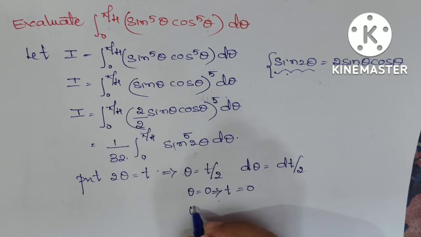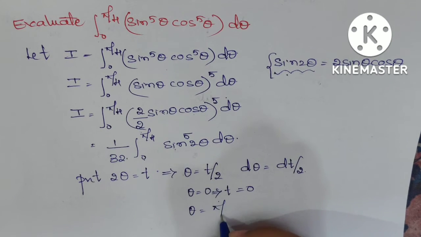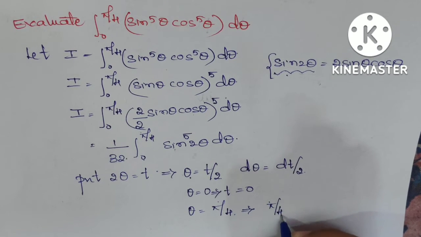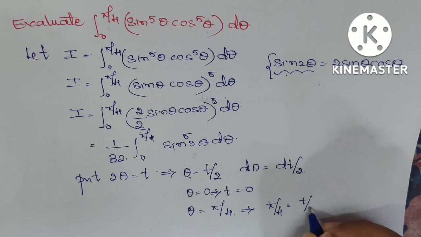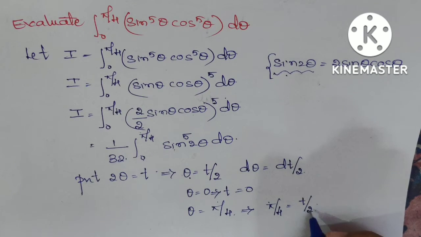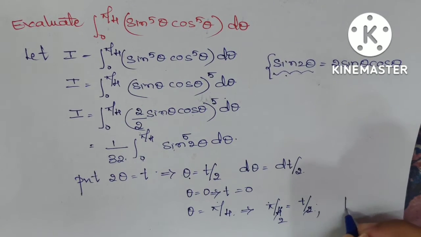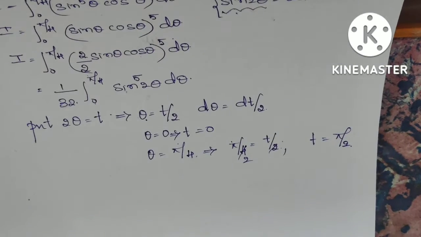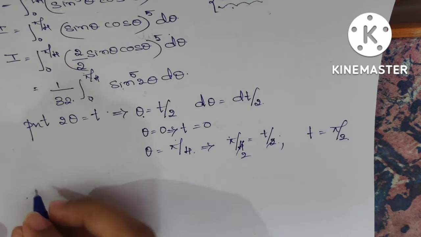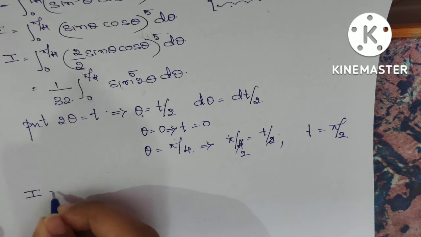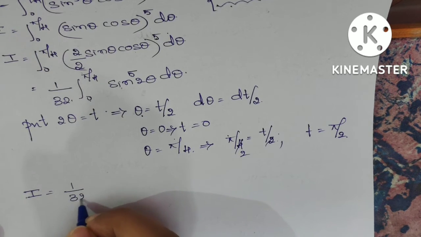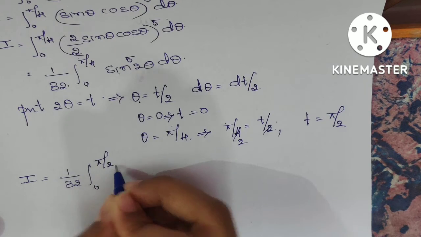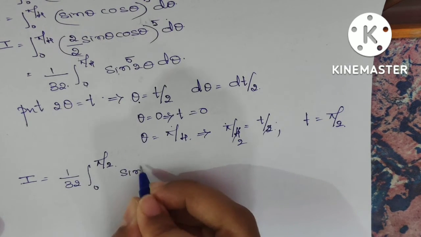When theta equals pi by 4, this implies pi by 4 equals t by 2. 2 ones are 2 twos are. So t equals pi by 2.